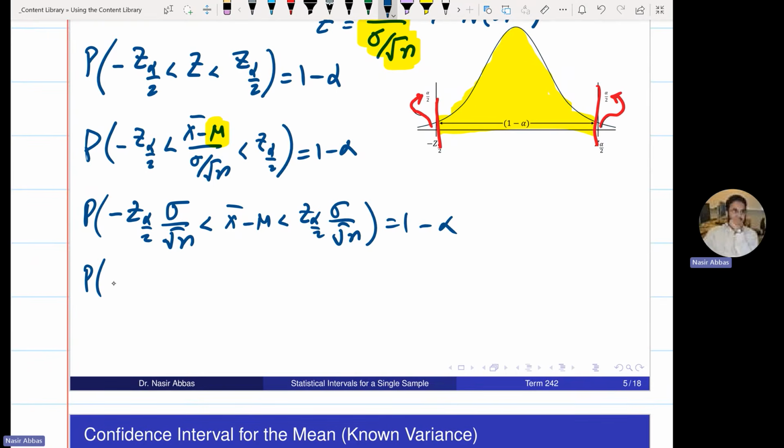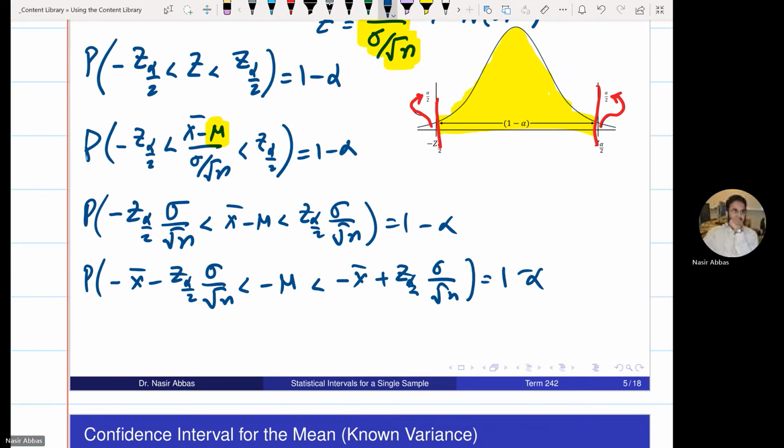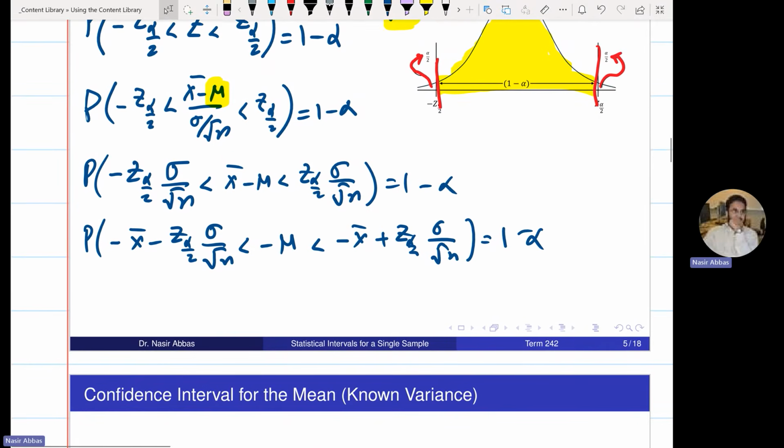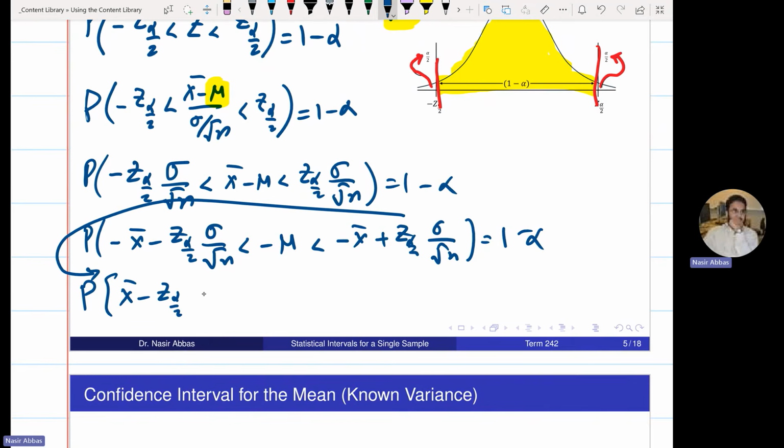So I have probability of minus x bar minus z alpha by 2 sigma over root of n, less than minus mu, less than minus x bar plus z alpha by 2 sigma over root of n, equals 1 minus alpha. And then I will multiply all three sides by minus, and the inequality will reverse when I multiply by the minus. So after multiplying by minus, it will be x bar minus z alpha by 2 sigma over root of n, less than mu, less than x bar plus z alpha by 2 sigma over root of n, equals 1 minus alpha.